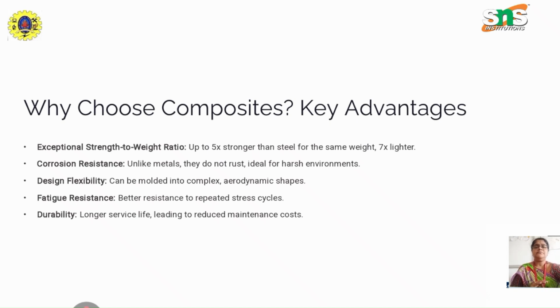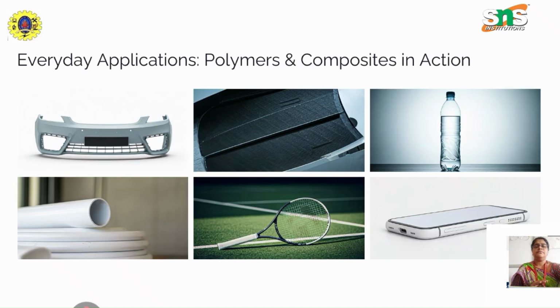Design flexibility: it can be molded into complex aerodynamic shapes, so it is very flexible and can be shaped as needed. Fatigue resistance: better resistance to repeated stress cycles. This is a very important property. And durability: longer service life leading to reduced maintenance cost. So economy matters on the whole.